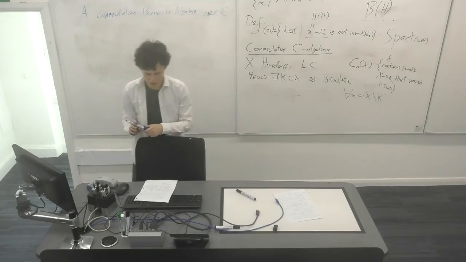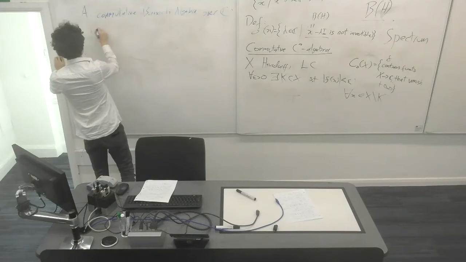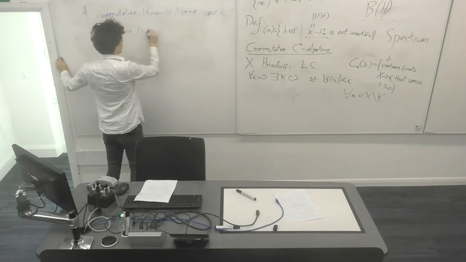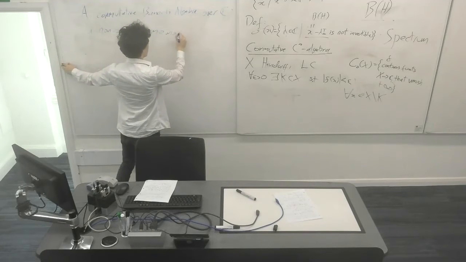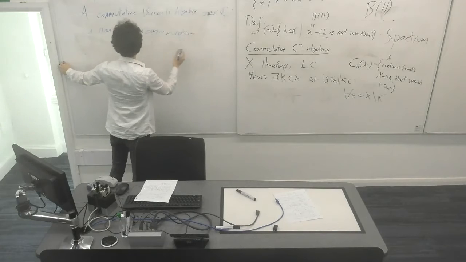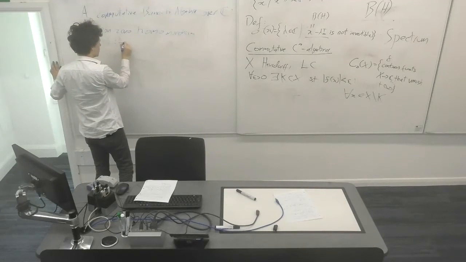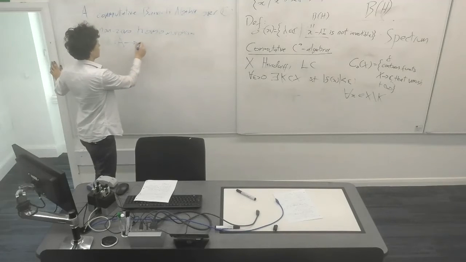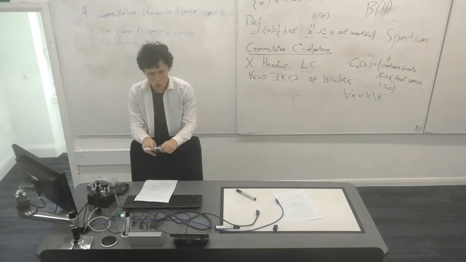So, first thing: a non-zero homomorphism from A to C is called a character.